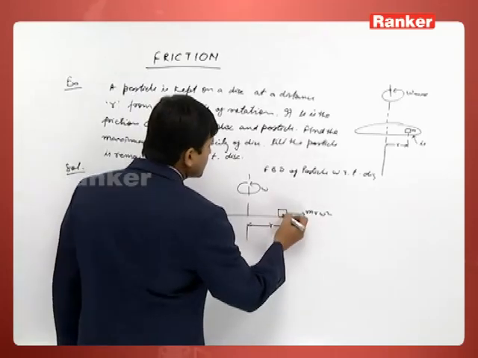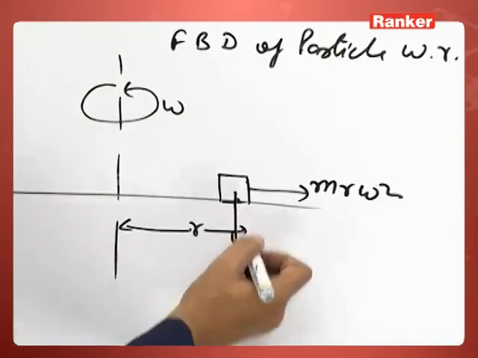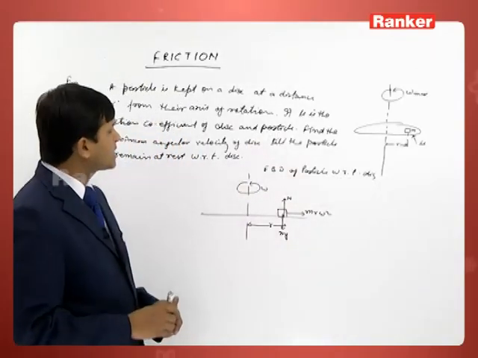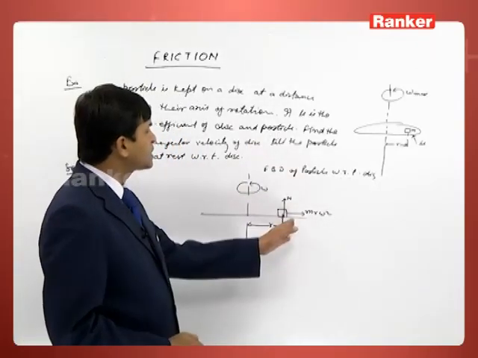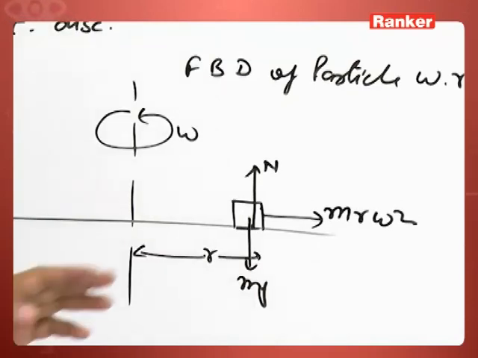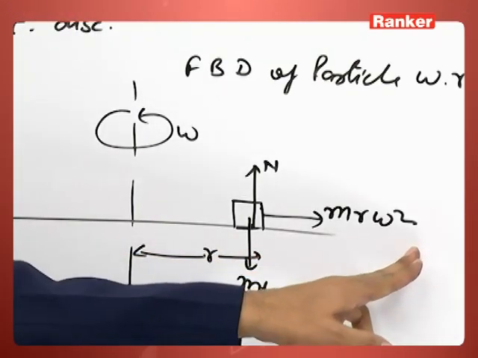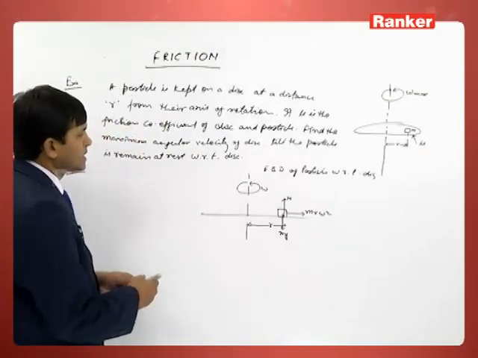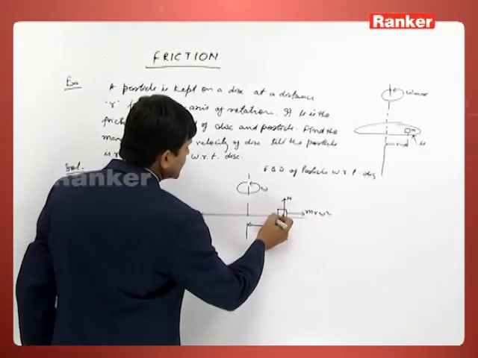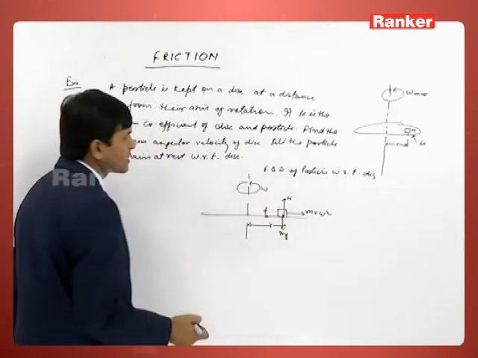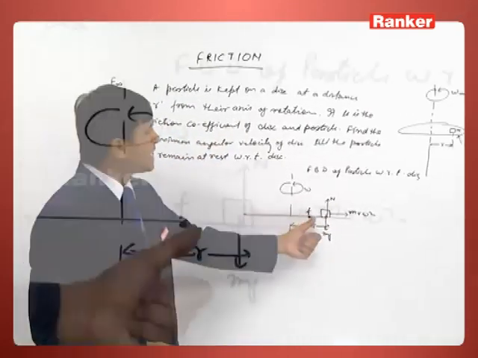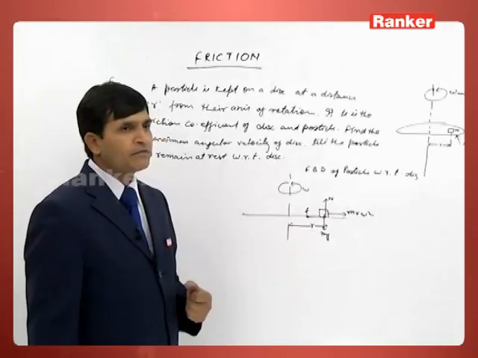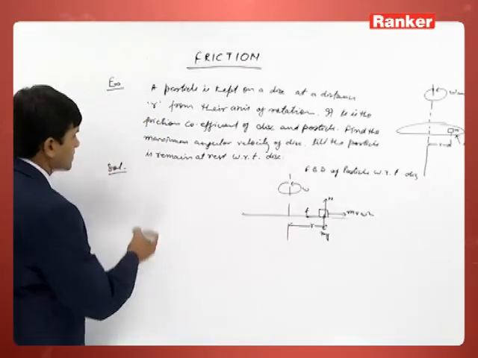Other forces are mg and the normal force. The particle has a tendency to move in the rightward direction because of this pseudo force. As soon as it starts moving in the rightward direction, immediately friction will act in this direction, and the particle will remain at rest till that force reaches the maximum value of the friction force.